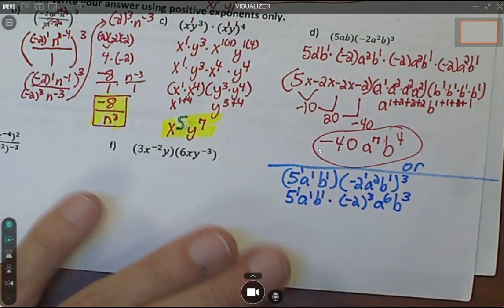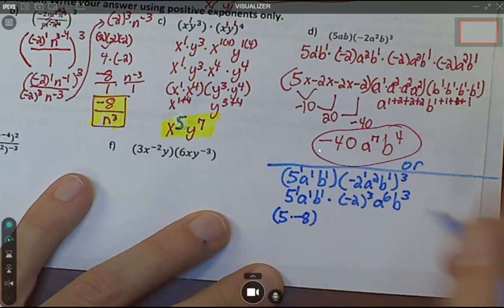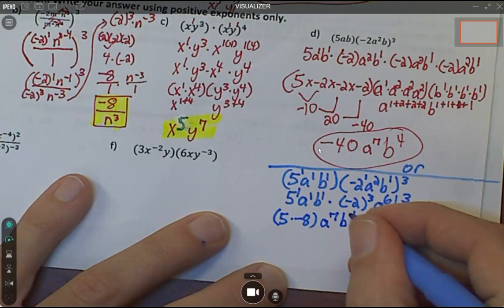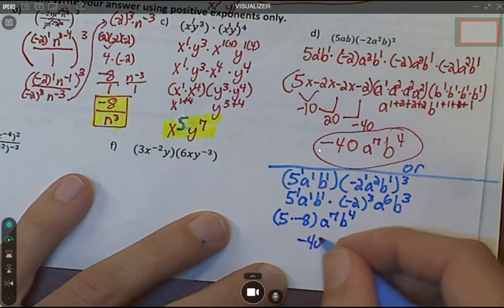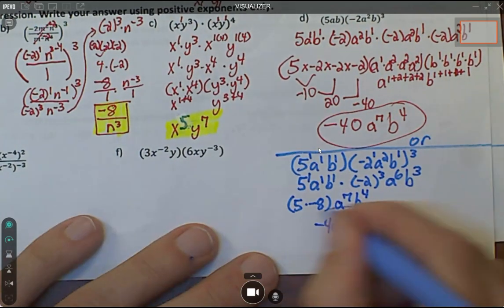That'd be negative 8. Then you add them. Whichever way works better for you.